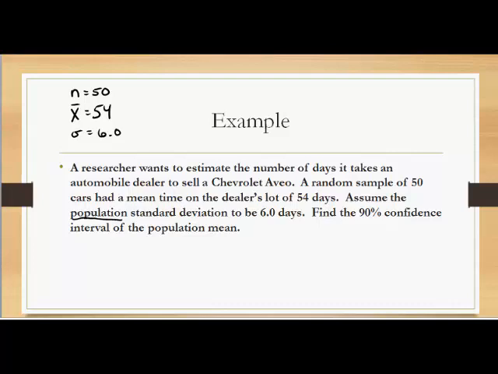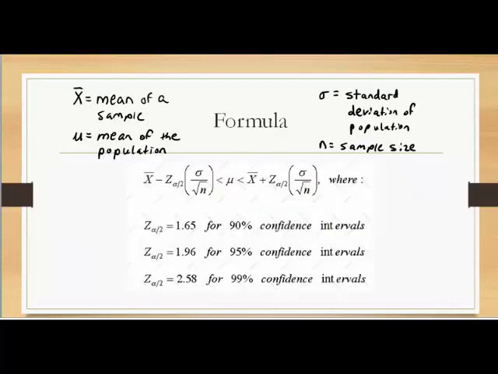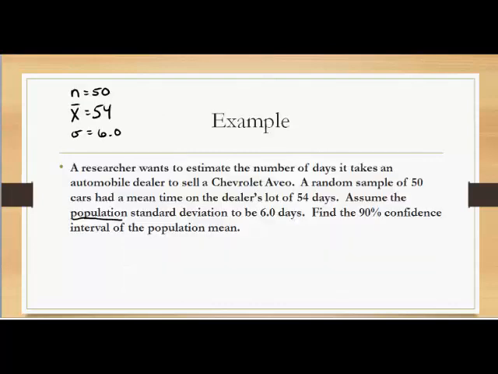So I'm going to go back to my formula, and at that point I realized that the z-score for 90% is going to be 1.65. Okay, so we're going to plug that in for the z alpha over 2. All right, so let's go ahead and set this up and do our calculation.